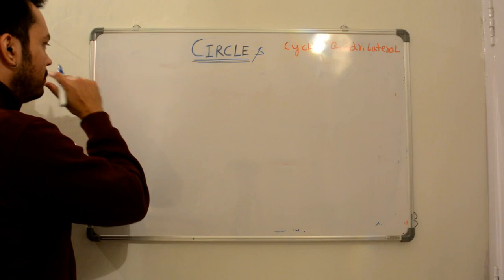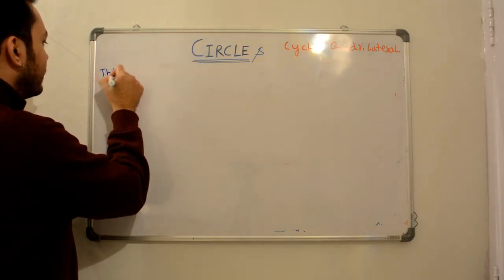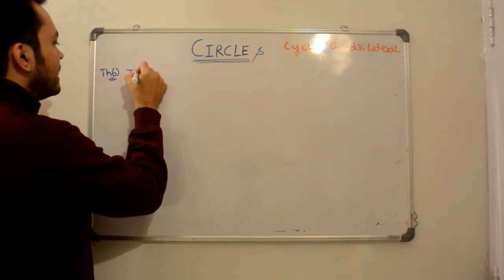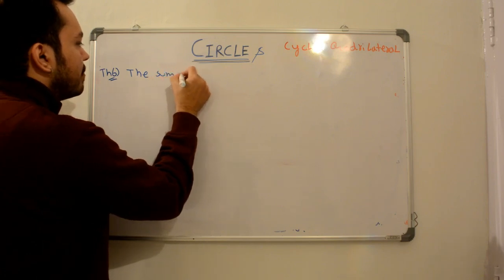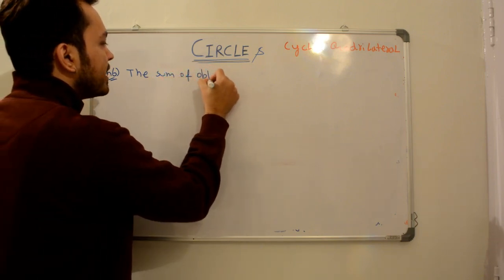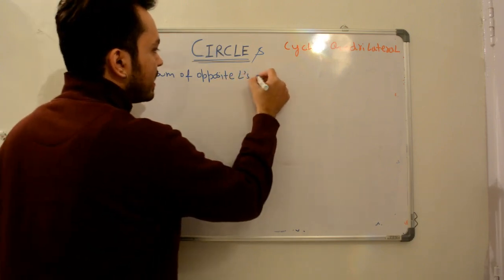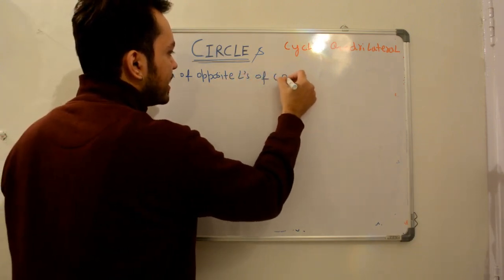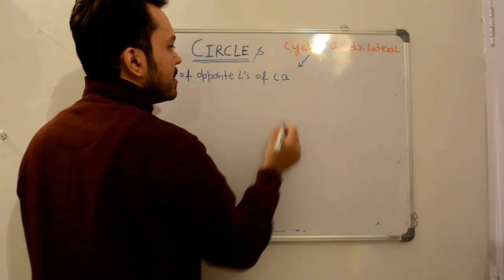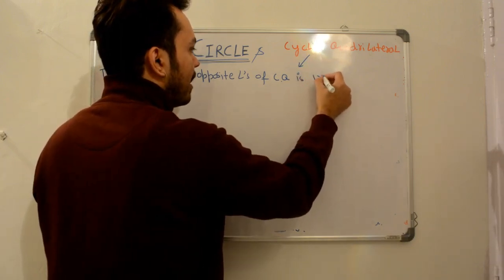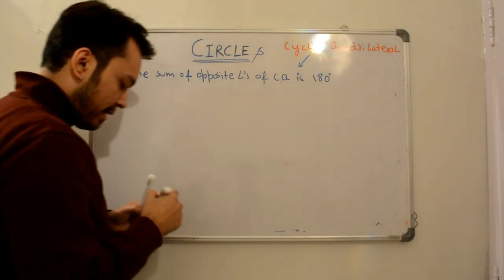Moving on, what does our theorem number 6 say? That we have to prove the sum of opposite angles of a cyclic quadrilateral, CQ, I am abbreviating this, is 180 degree, right?